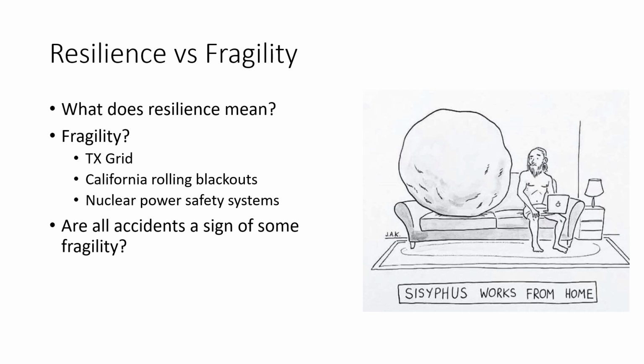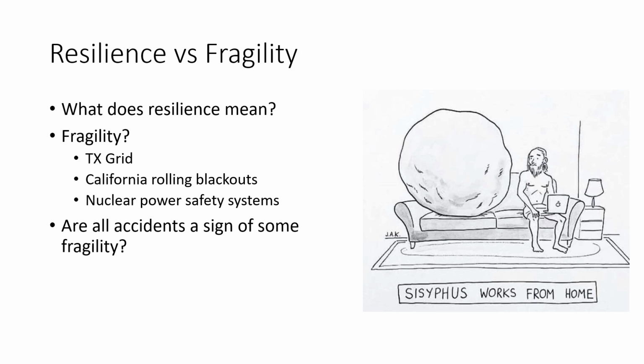So PG&E was planning on rebuilding that infrastructure, but it would take them years because they basically didn't maintain any of these lines for 10 years or whatever. So that's an example of a fragile system.